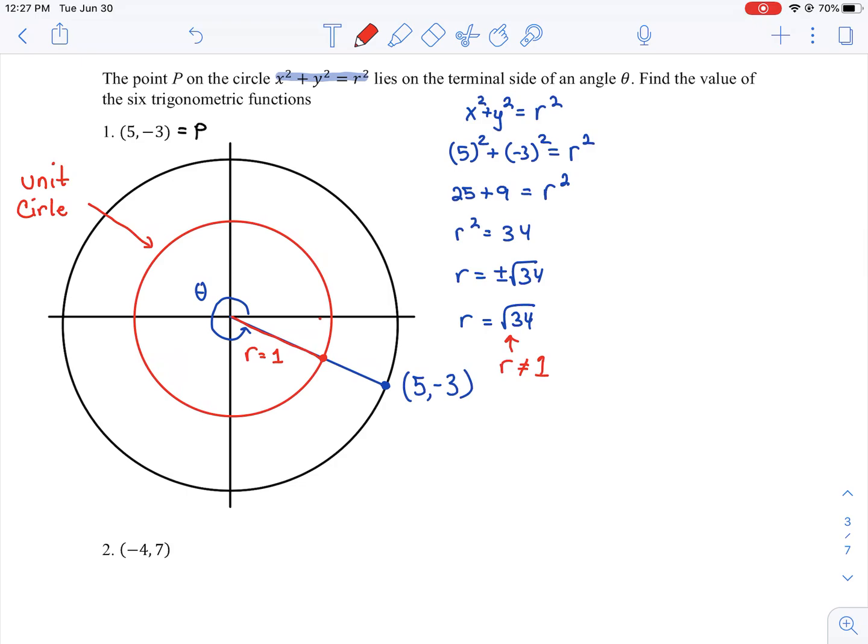And if I want to find the 6 trigonometric values, I'm going to need the coordinate on the unit circle that passes through the terminal side of theta. And how do I do that? Well, I'm going to divide all 3 terms by r squared.